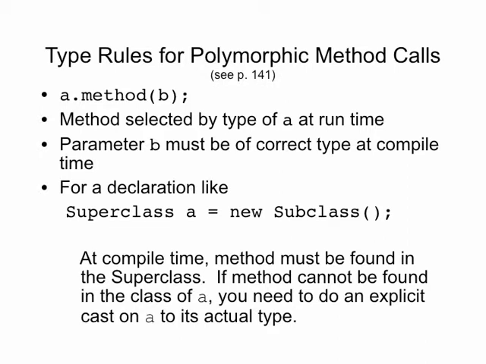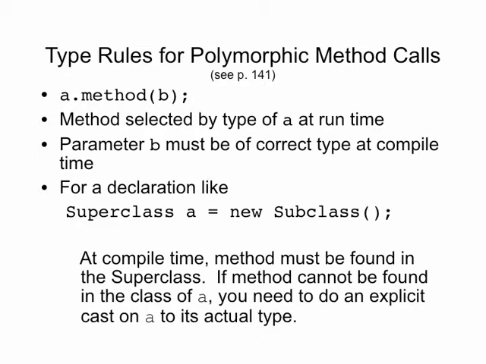So take a look at page 141. This is where I snag these type rules for polymorphic method calls. If we have an example, A is our reference dot method, and we're passing parameter B. The method selected will be the type of A at runtime.